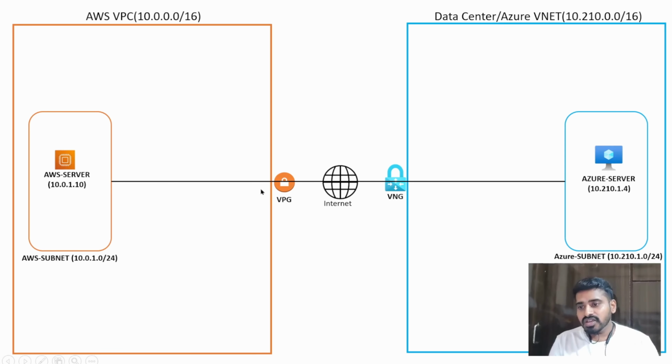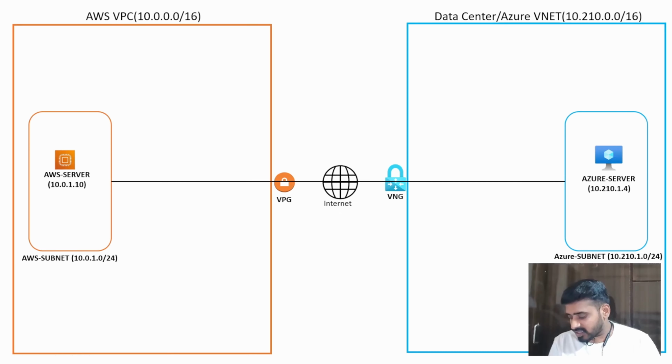One more thing: we can attach only one VPG to one VPC. So if we have two VPCs in AWS, then you have to create one more VPG.